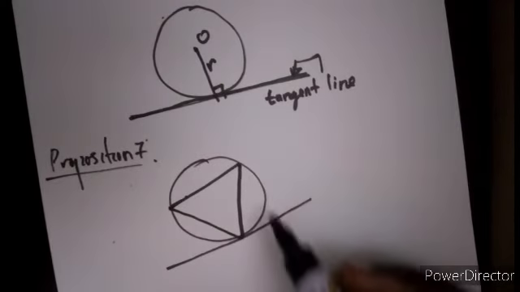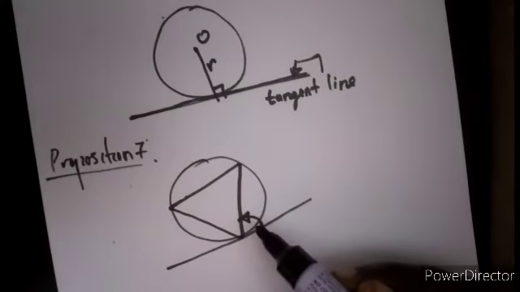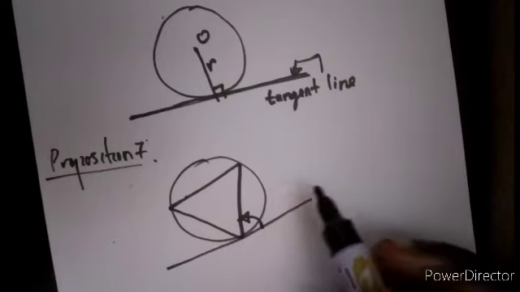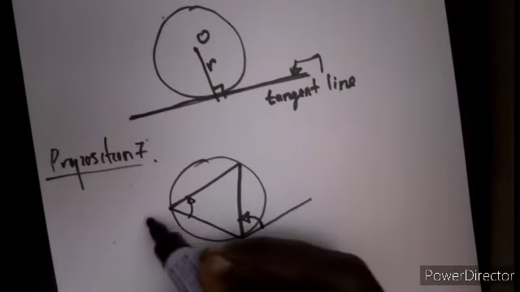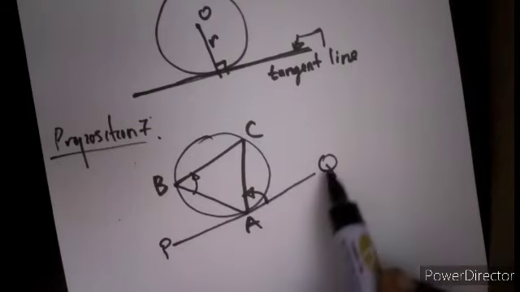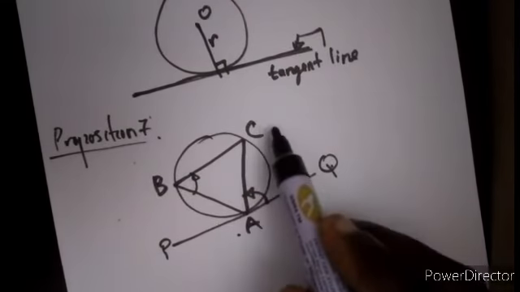We observe that this angle here is always equal to this angle here. If I call this A, B, C, and call this P and Q, we are saying that angle QAC is equal to the angle ABC. That's what proposition 7 tells us.